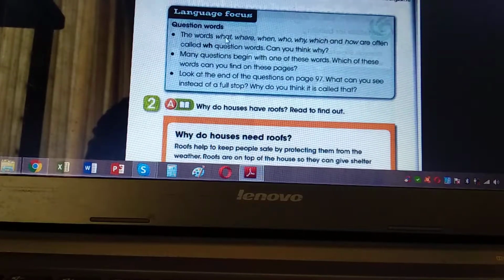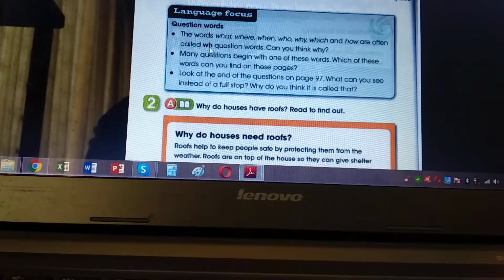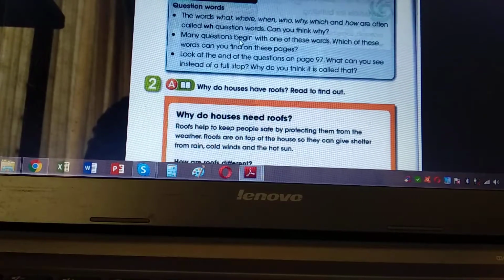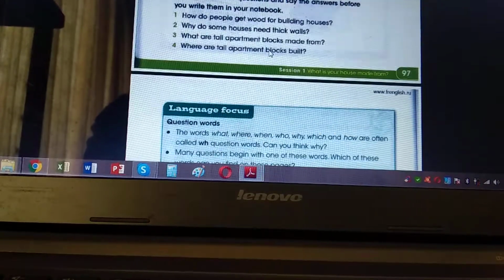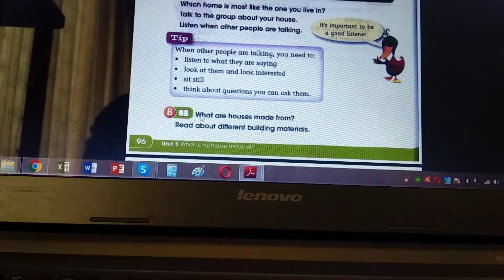Okay, alright, let's take a look at these question words. The words what, where, when, who, why, which and how are often called WH question words. Can you think why? Alright, this one I leave it to you. Many questions begin with one of these words. Which of these words can you find on these pages? Okay, you can try to find it here. See, I found one.